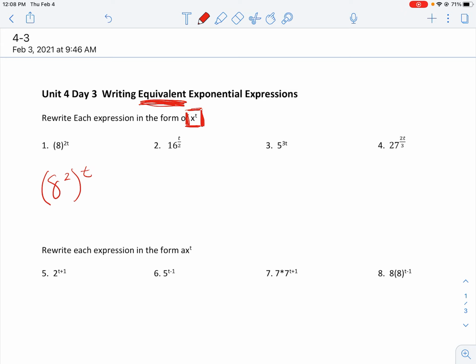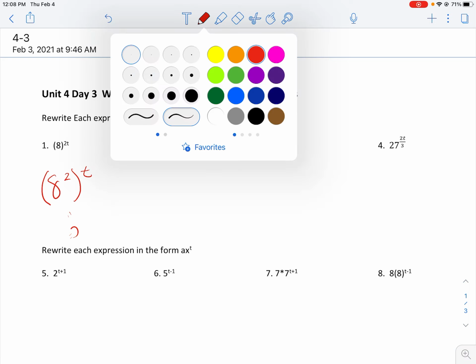Why would I do that? Because our instructions are telling us to get some number raised to the t power. By moving that 2 in, 8 is actually a number, 8 squared is just 64, and so we end up getting 64 to the t.